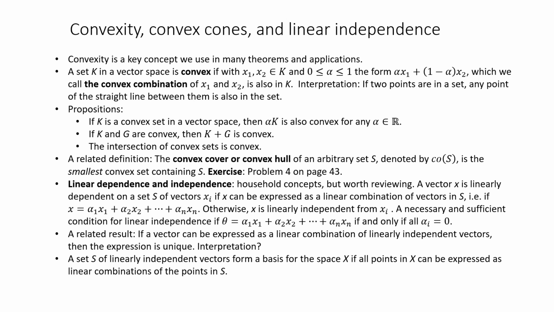This arbitrary set is not supposed to be convex. The convex cover of this arbitrary set is the smallest convex set that contains S. We will dig deeper into the concept of convex covers with problem 4 on page 43, which will be done in turn.